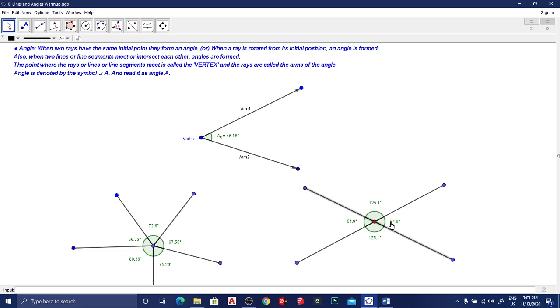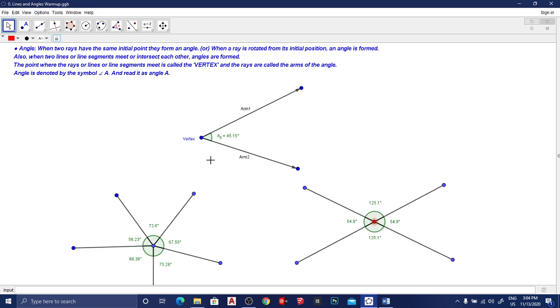They have a property: they are always equal to each other. These two are vertically opposite angles, and these two are also vertically opposite angles. Vertically opposite angles are always equal. You will learn this later.